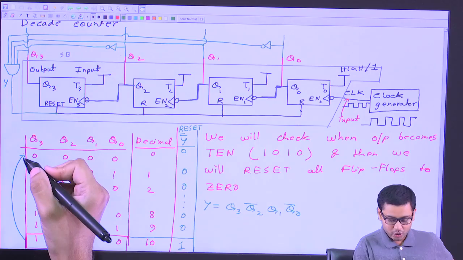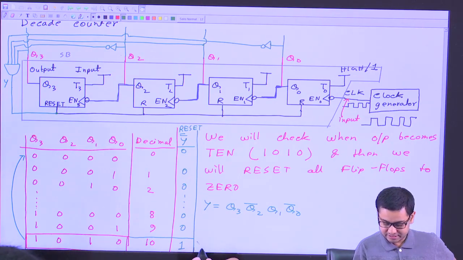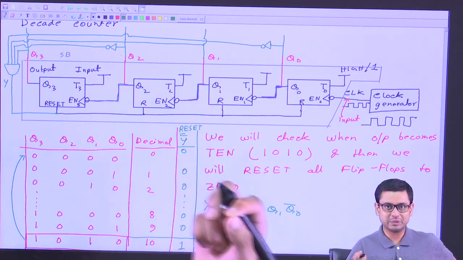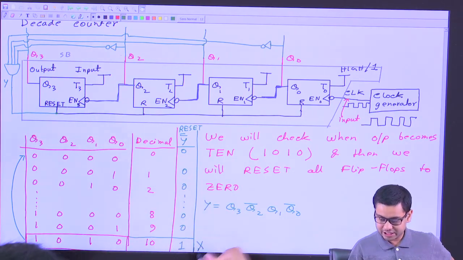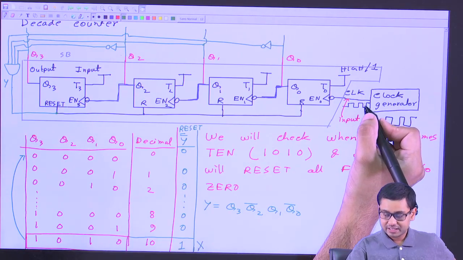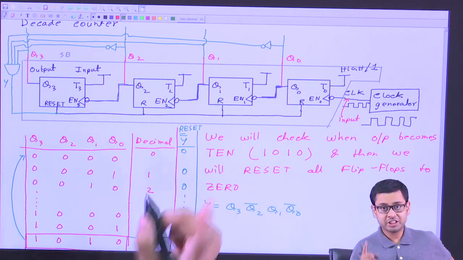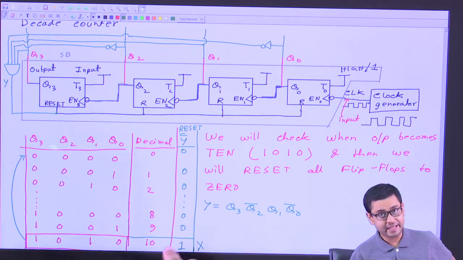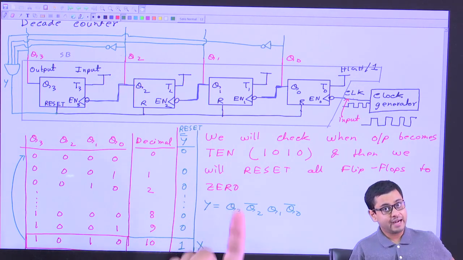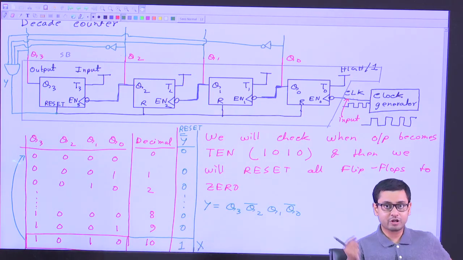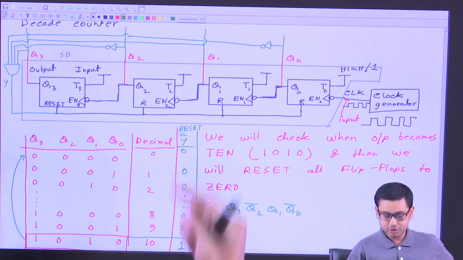So this step exists for a very negligible amount of time, and it doesn't count as extra clock pulses, because the clock pulse which causes the counter to go from 9 to 10 is the same clock pulse at which it has gone from 10 to 0. So no extra clock pulse is required to go from 10 to 0.